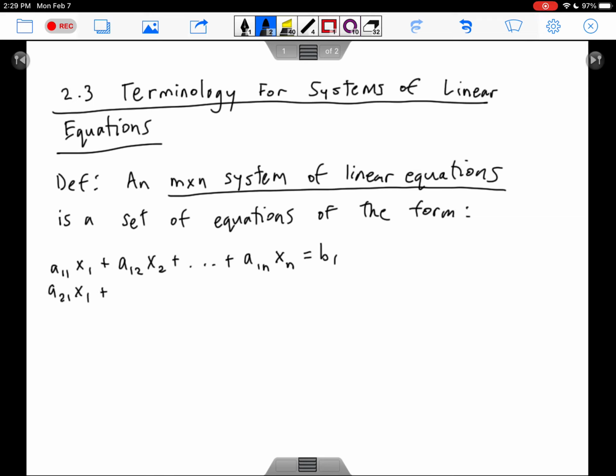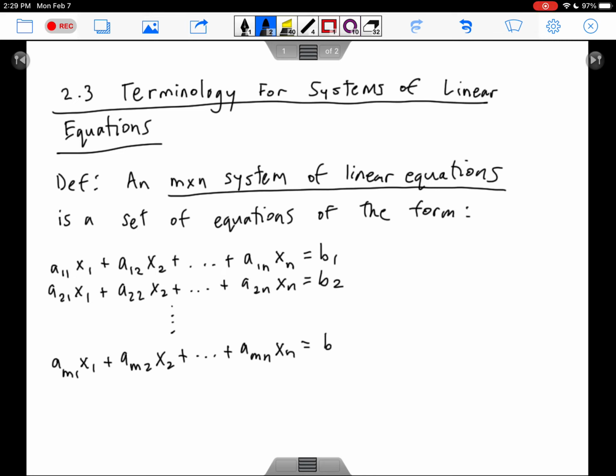Our second equation, A21 x1 plus A22 x2 plus, we go all the way down to A2n xn is equal to B2. So we continue that pattern, and the mth equation, there's m of them, is going to be am1 x1 plus am2 x2 plus, and then all the way down to amn xn, and that's going to equal bm.